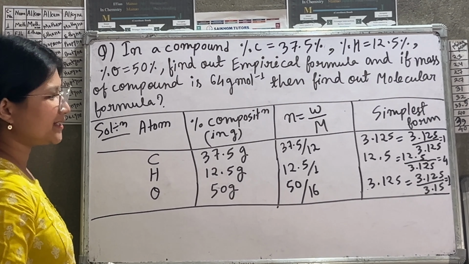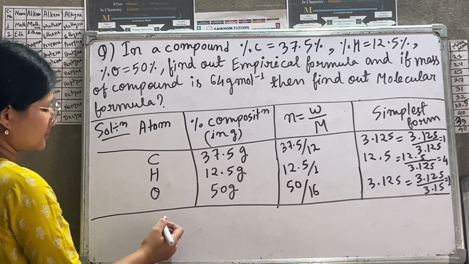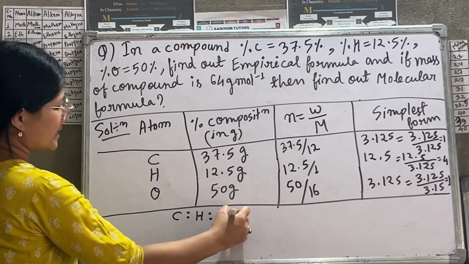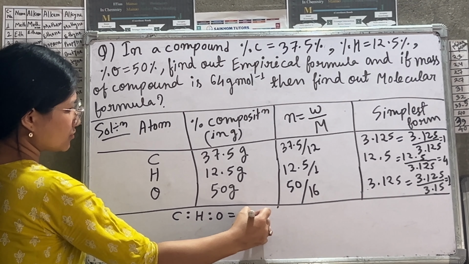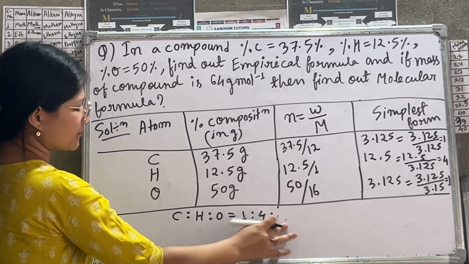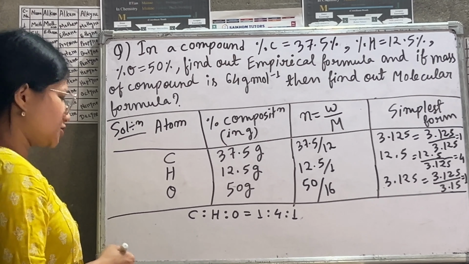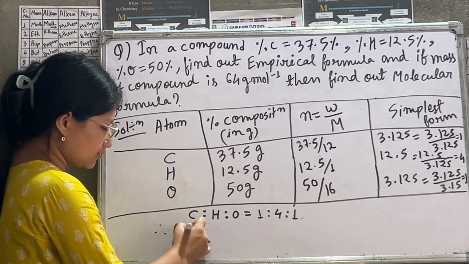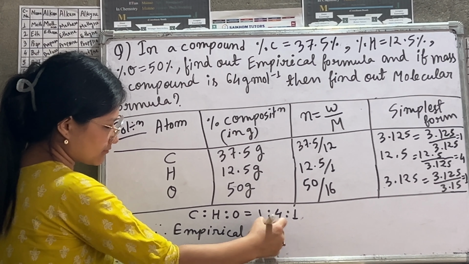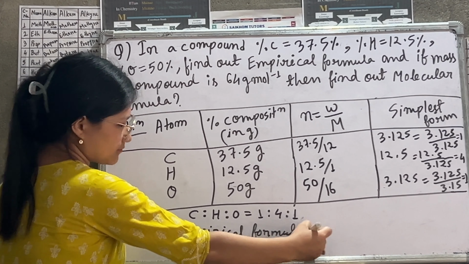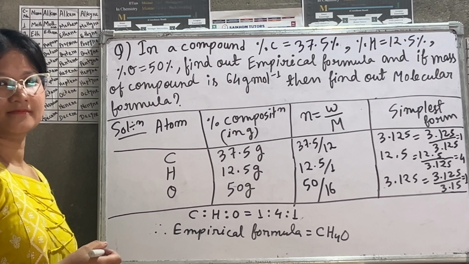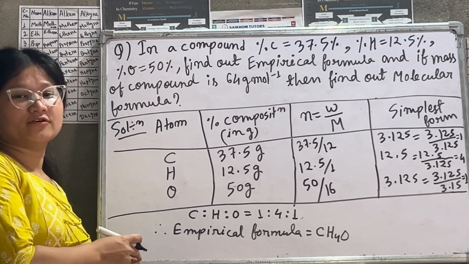So by dividing, we can get the ratio of carbon, hydrogen, oxygen as 1:4:1. So the empirical formula we can write is CH4O. Write it down in your notes.